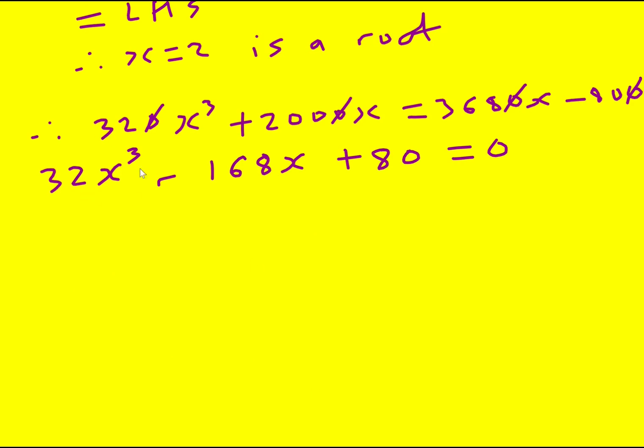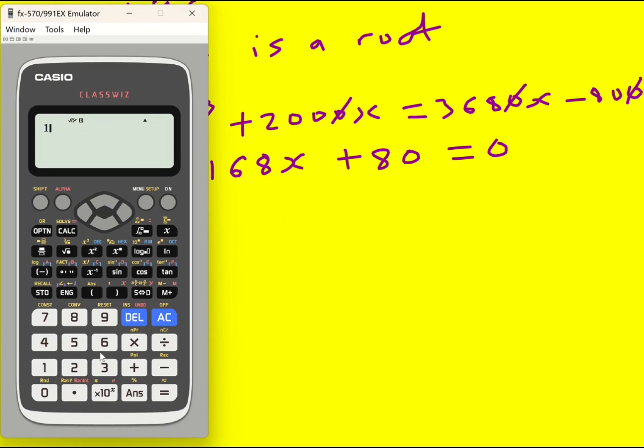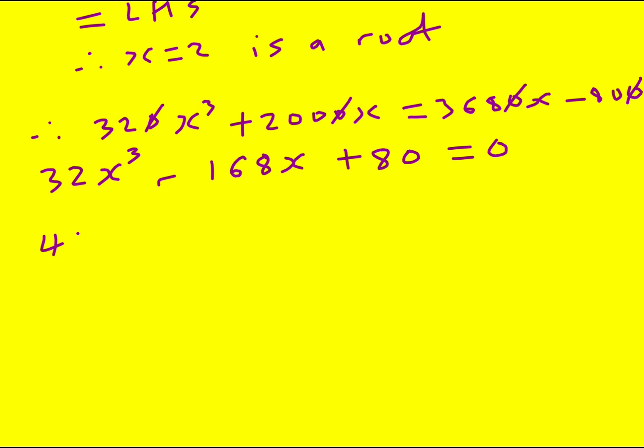I think there's a common factor of 8, maybe 16 even. No, 16 is not going to go into 168. But we can divide through by 8. So I'm going to get 4x cubed minus, I'm going to write 0x squared just to get that in there, then minus 21x plus 10 is equal to 0.